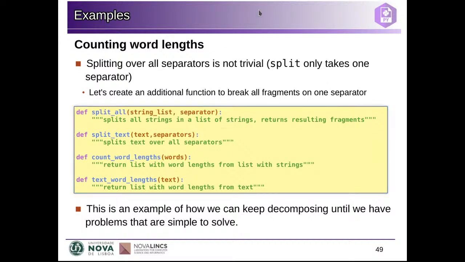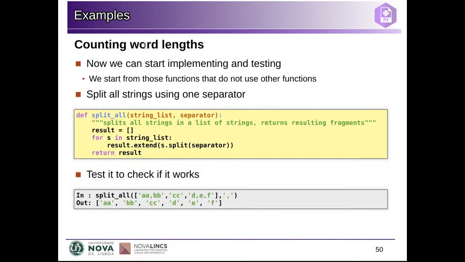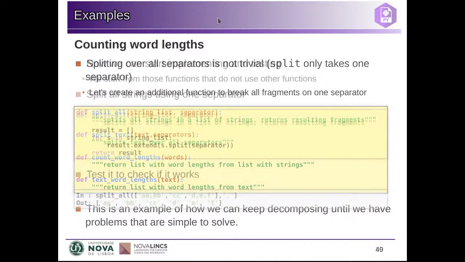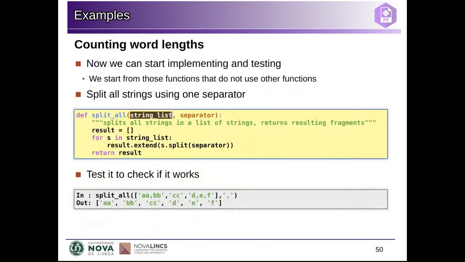We can start implementing. And we're going to start by implementing those functions that don't need any other function. We're going to start with the first one here, split all, which doesn't need anything else. It receives a list of strings and one separator, and it will break down all the strings in that list.